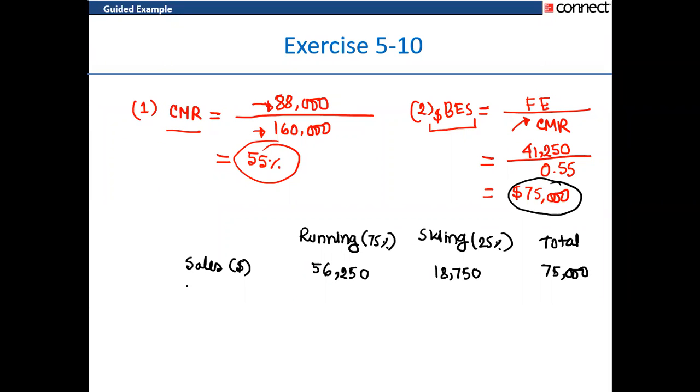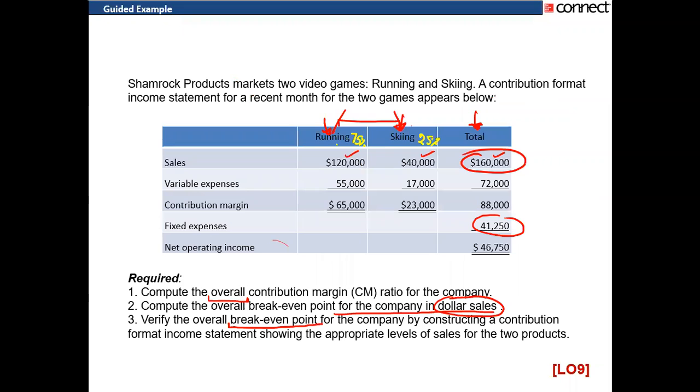Now, what is the second line item? Second line item is the variable expenses. So we do not have adequate information whether variable expenses has changed or not, but we know that there is a relation between the variable expense and the sales, which is known as variable expense ratio. Can you help me to find out what is the variable expense ratio for running video game and what is the variable expense ratio for the Skyeng video game?